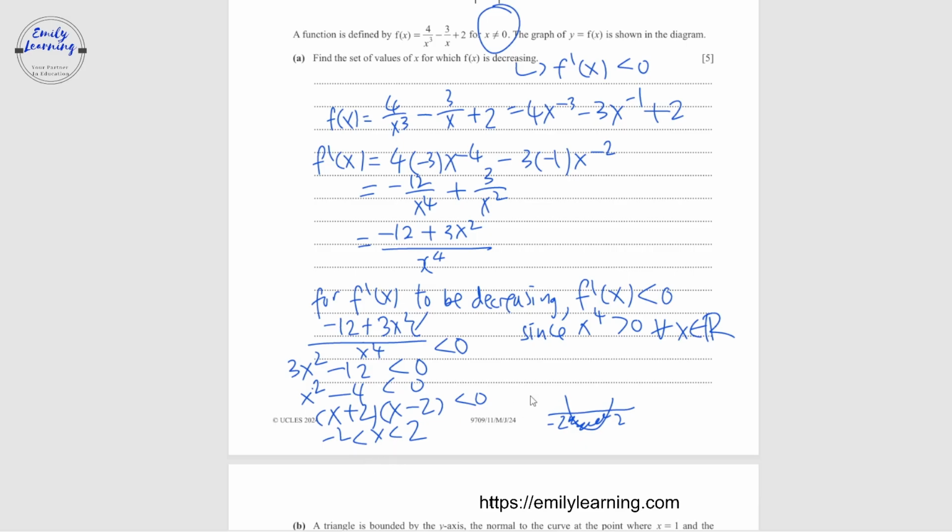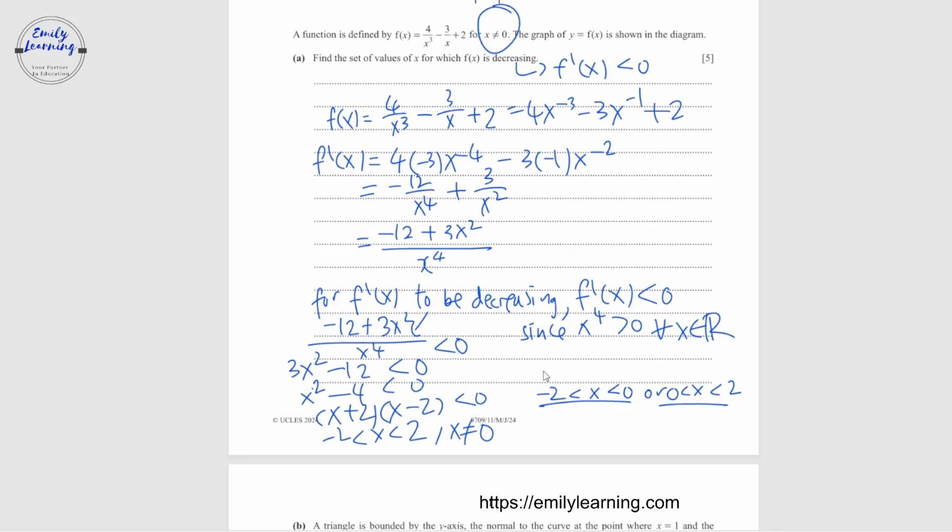So you need to exclude the 0. How do I combine these? I need to eliminate the 0. So I can write it as x takes minus 2 to 0 or 0 to 2. In that way, I will not include the 0.